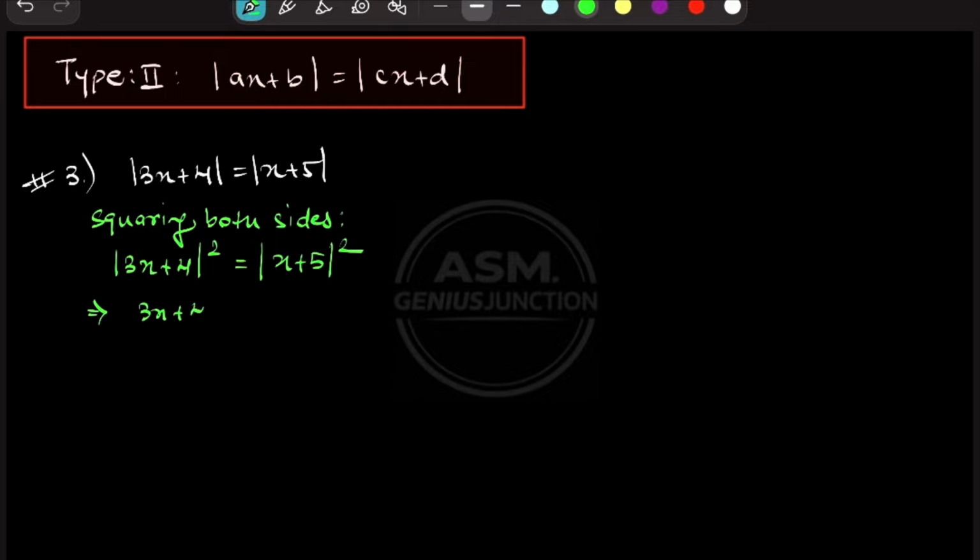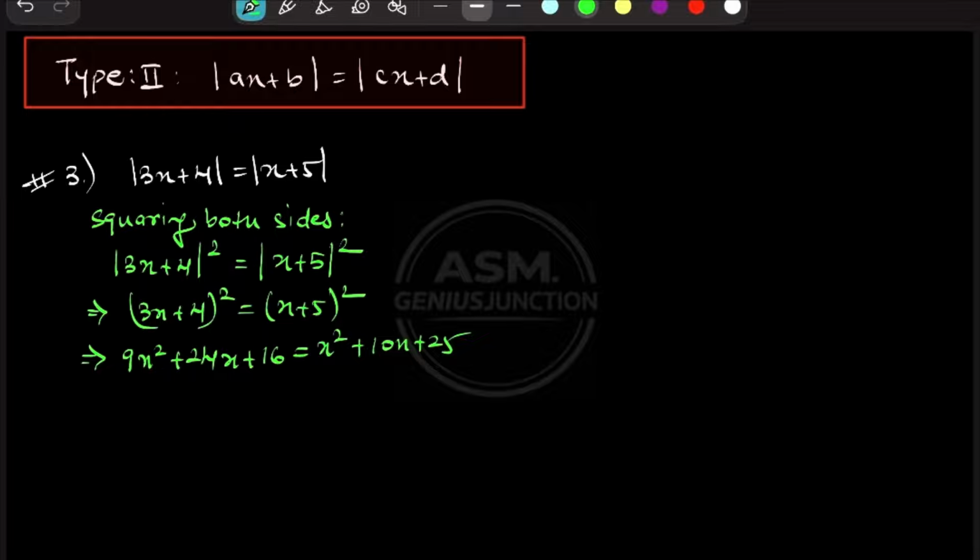I can write it like this: 3x plus 4 whole square and 2x plus 5 whole square. On solving it, I will get 9x square plus 24x plus 16. On the right hand side, we will get 4x square plus 20x plus 25.